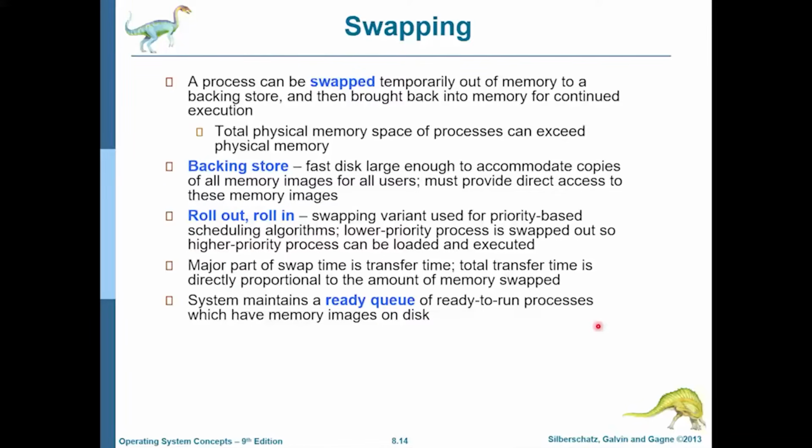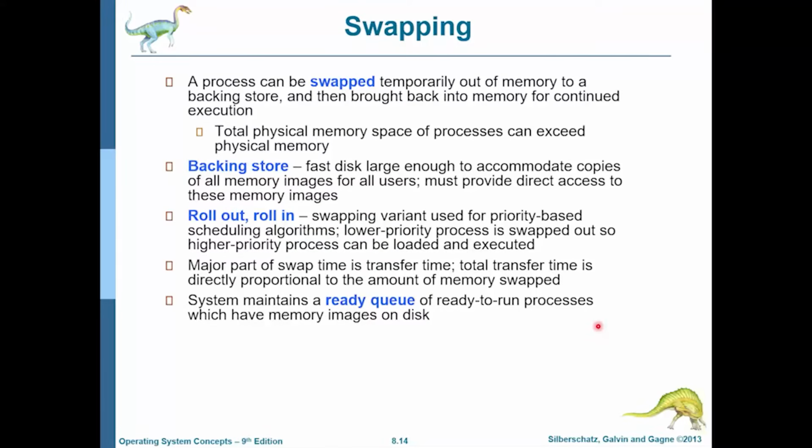Now, why that used to happen is usually the RAM that we have is not enough to hold the memory images, the working copy of all the processes that are running in the system. Now, if you run out of memory, what the operating system can do is take a few low priority processes and swap them out to your hard disk or some other speedier media. Speedier as in it cannot be a floppy drive, for example.